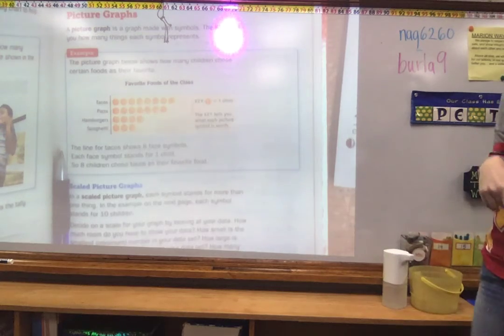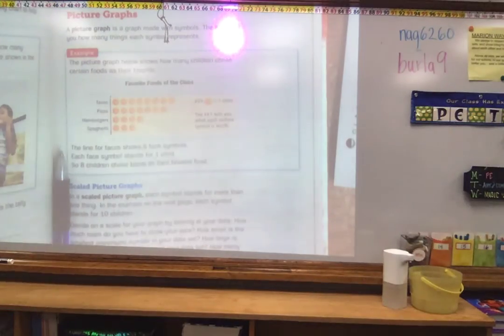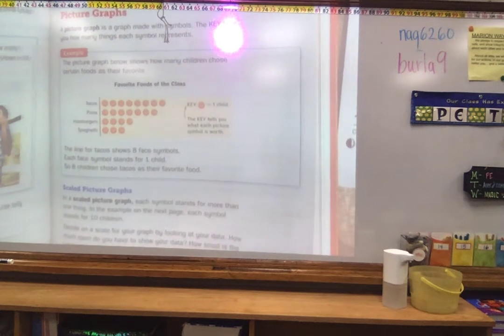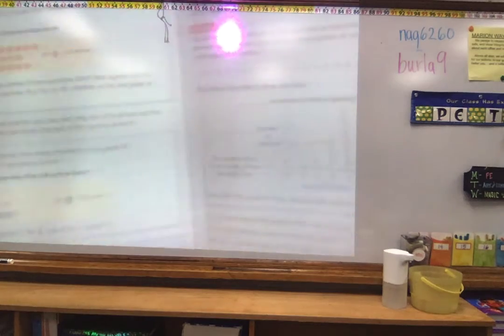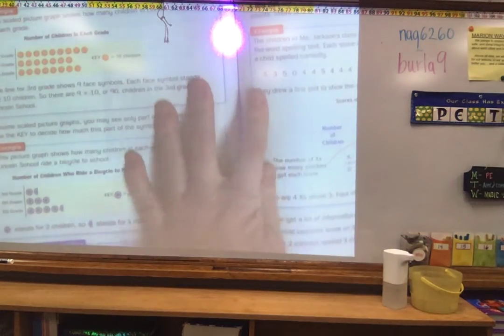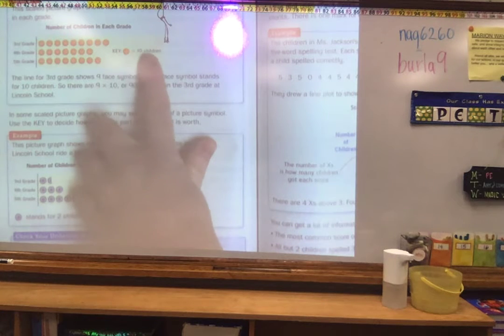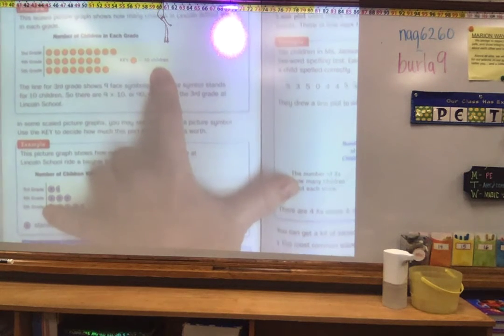Now sometimes, like in a scaled picture graph, each one of those symbols stands for more than one thing. So if we look at the next page, now the smiley face stands for how many children? 10.